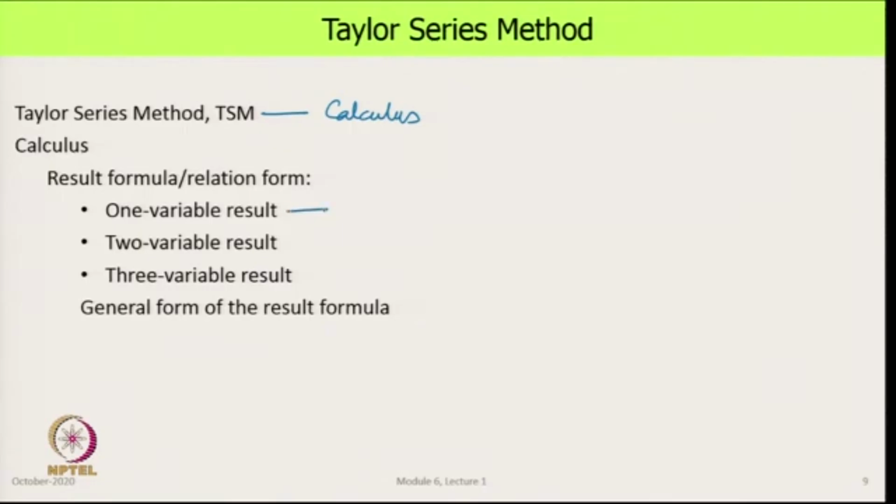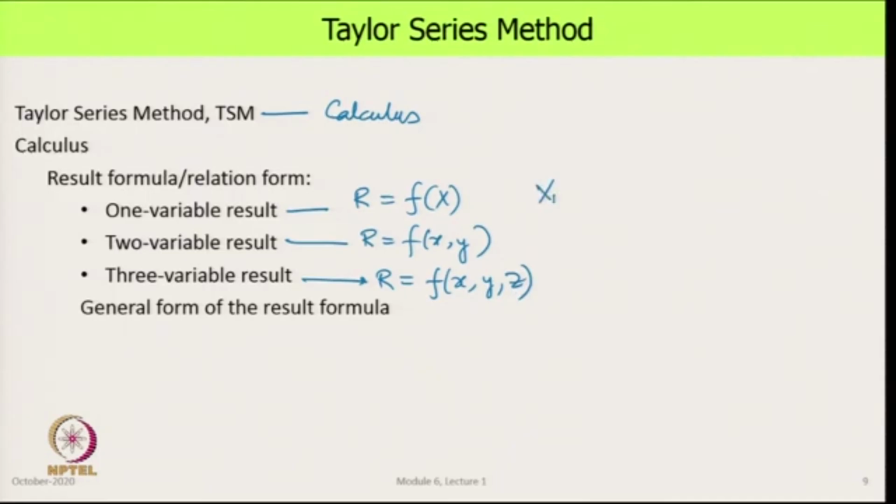First, we will look at where the result is a function of only one variable, then a two variable result is a function of say x and y, a three variable expression, result is the expression of x, y and z. Now, this could be our x 1, this could be x 1 comma x 2 in the terminology that we are using in this course, this would be x 1, x 2, x 3. So, this would have been x, this would be y, this would have been z.